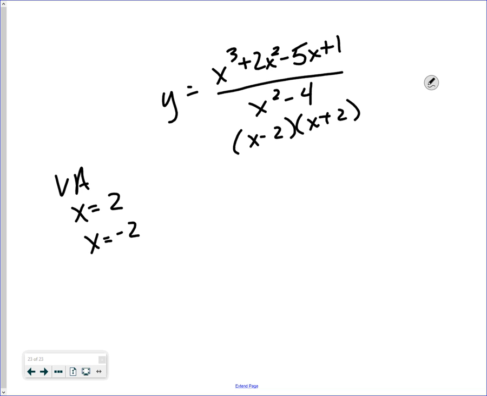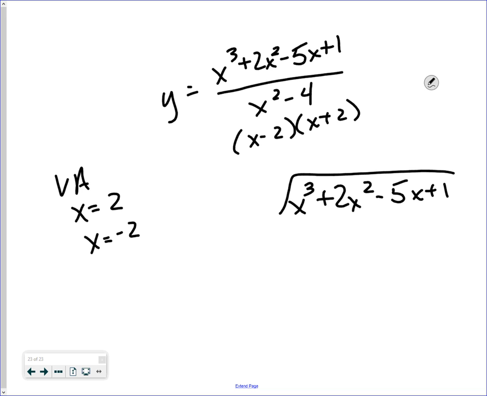The degree of the top is larger than the bottom, so I would need to divide in order to come up with the oblique asymptote. So now I get, doing my division rather quickly here, x cubed minus 4x.